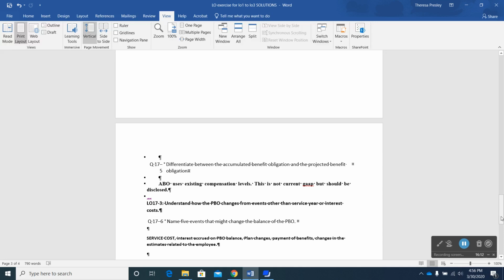That's three right there. The actual payment of the benefits, how many years they need to work before they can retire or are eligible for it. Changes in any kind of estimate related to the employee. Are they going to leave? What percentage of employees are going to leave employment? The life expectancy, we've discussed that. So there's so many different events here. It's easy to come up with 5.